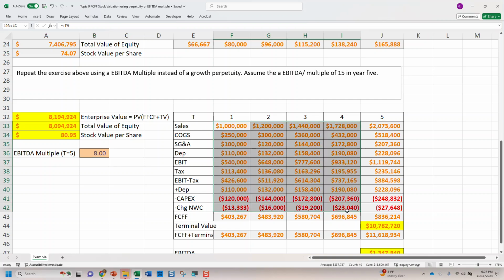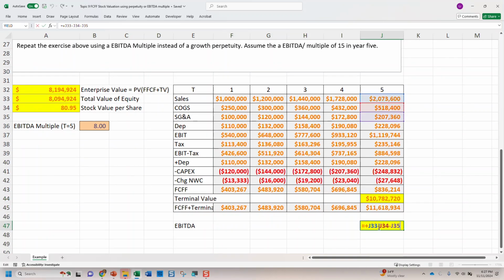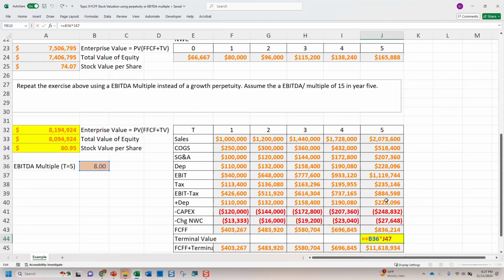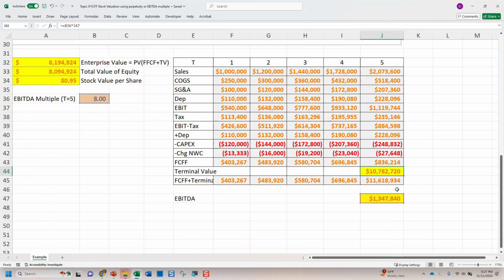So all these numbers are exactly the same as above. The only difference is I've calculated EBITDA in year 5, which is just sales minus COGS minus SG&A, earnings before interest, taxes, depreciation, and amortization. And then I can just multiply 8 times EBITDA. That's another way of finishing off the valuation. I can then include that in my terminal value.